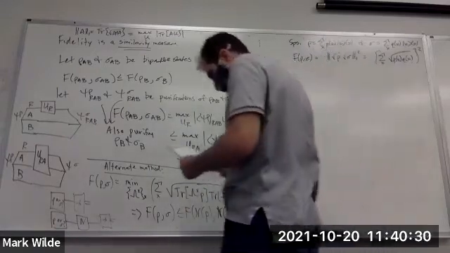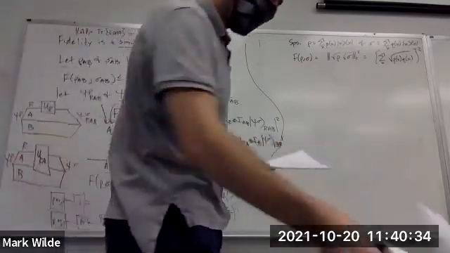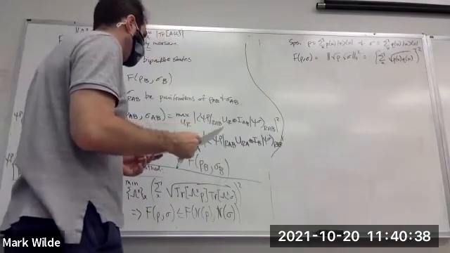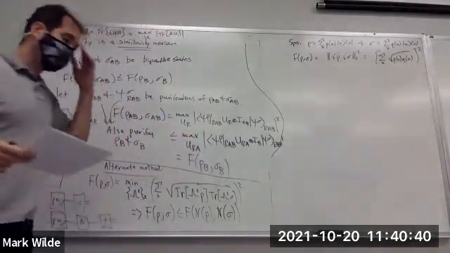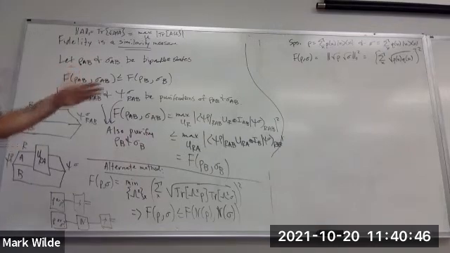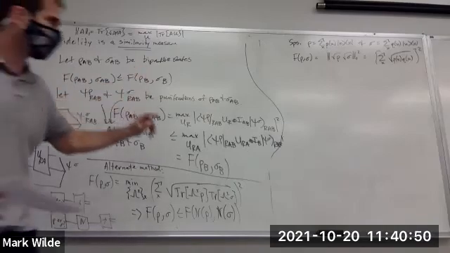Okay, so as a first step, we will use the fact that we have proved data processing for quantum channels, right? That we proved with this method, Uhlmann's theorem. Right?